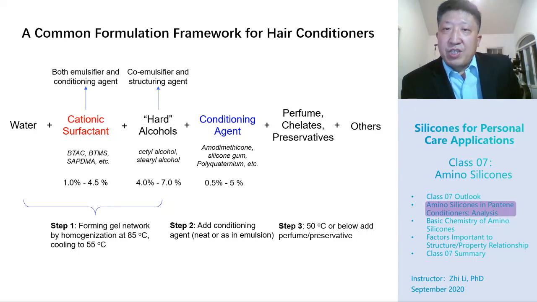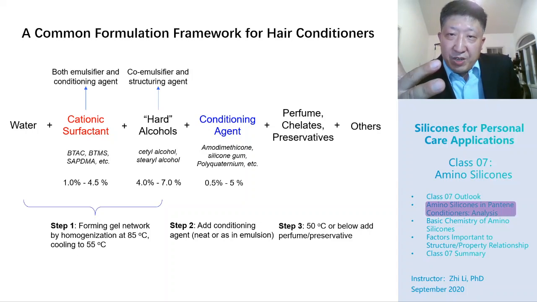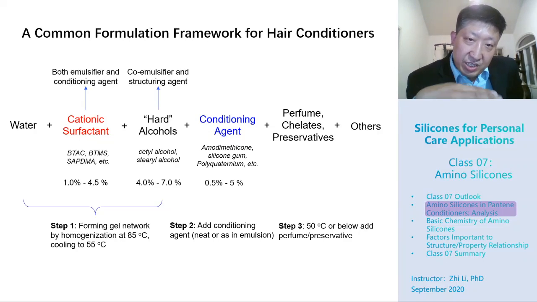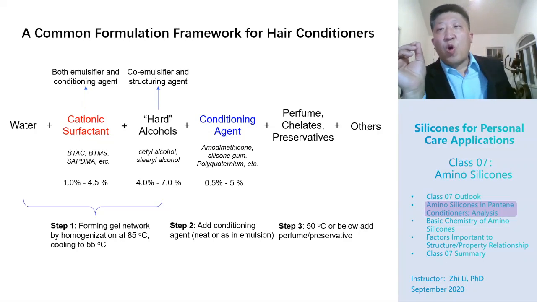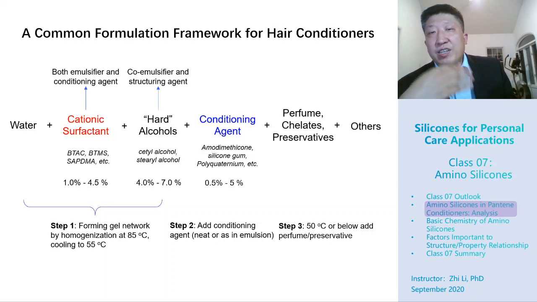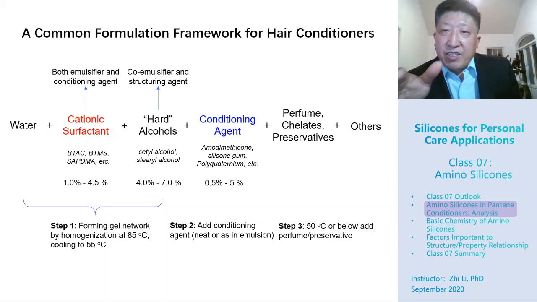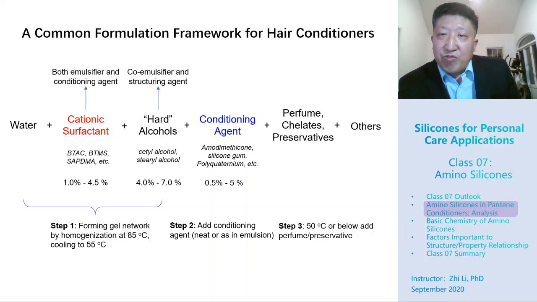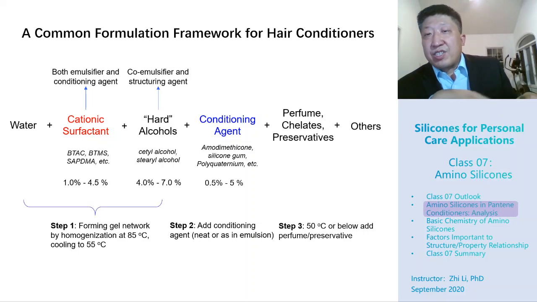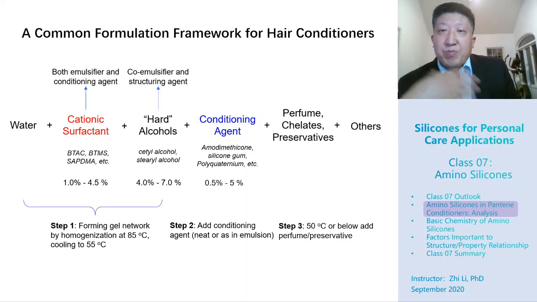There's some difference, but in my opinion, in the end, those conditioning agents are suspended in this gel network, forming a quasi-stable suspension of those conditioner ingredients. Even if they are added in emulsion form, the emulsion might not exist once you get everything there. Again, in this step, no hot shearing is needed.